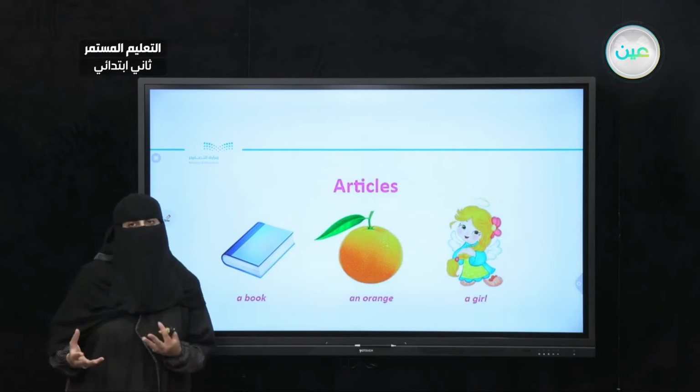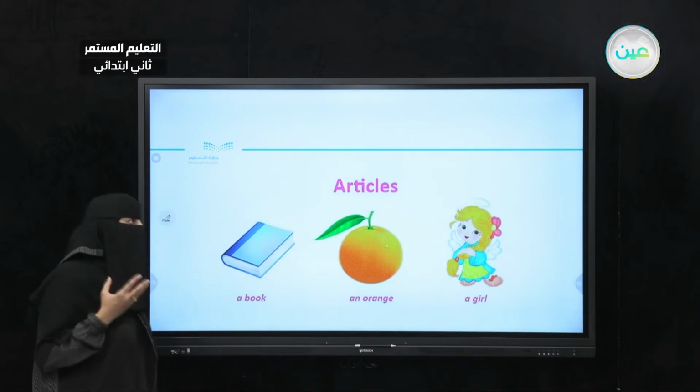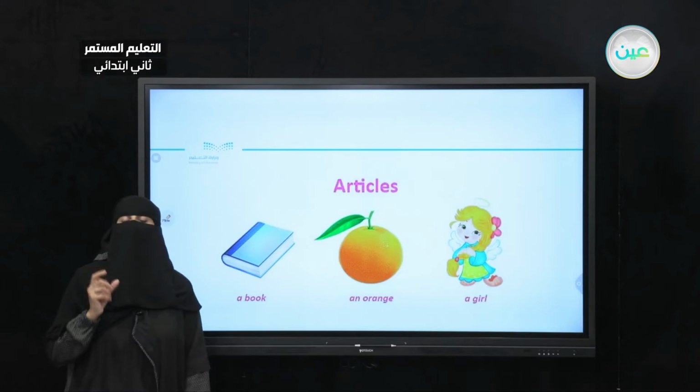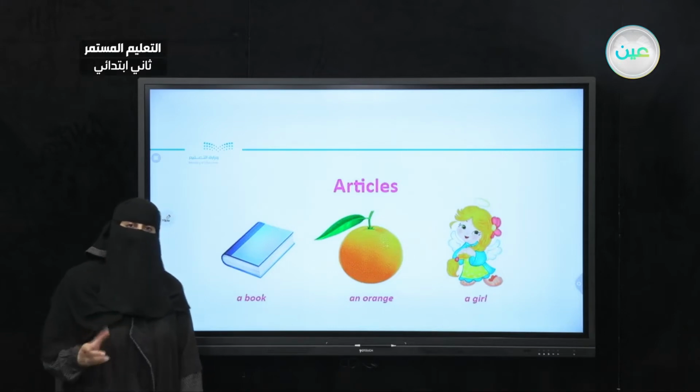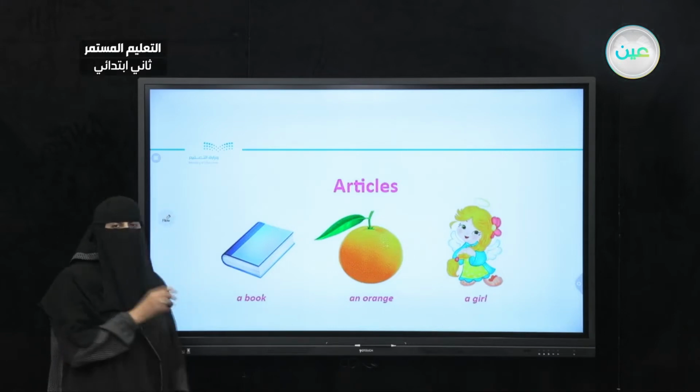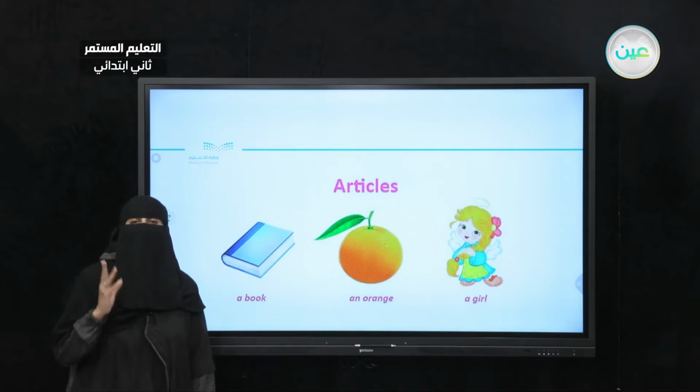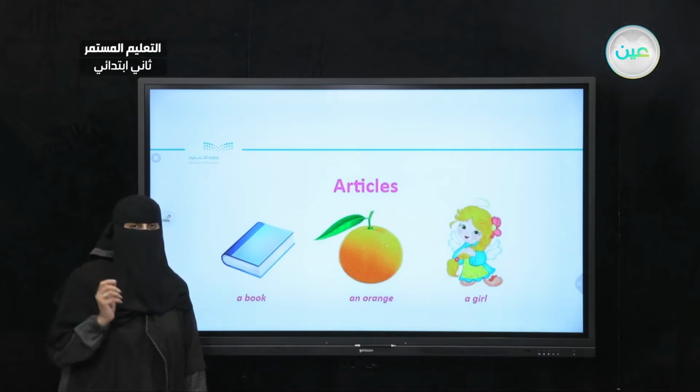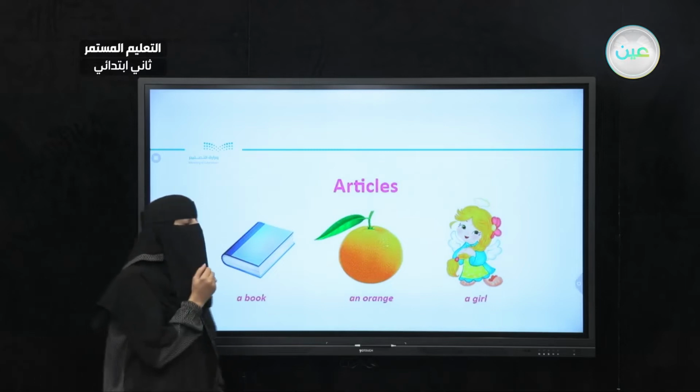And since we are talking about 1 book, 1 orange, 1 girl, we will be using the article a or an. Okay? So if the word starts with a consonant letter, as the word book, I will go with the article a book. Okay? Moving to the next one, I have orange.